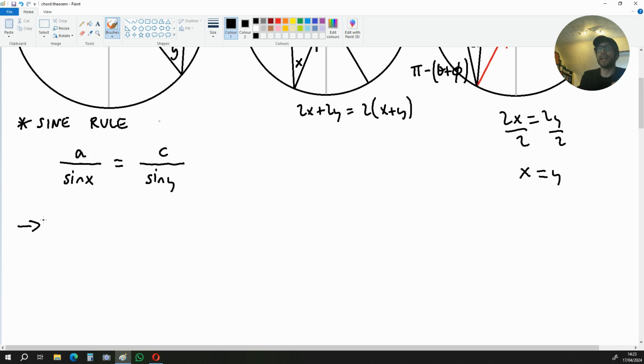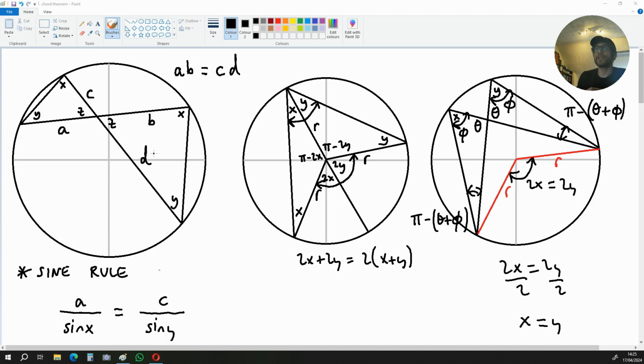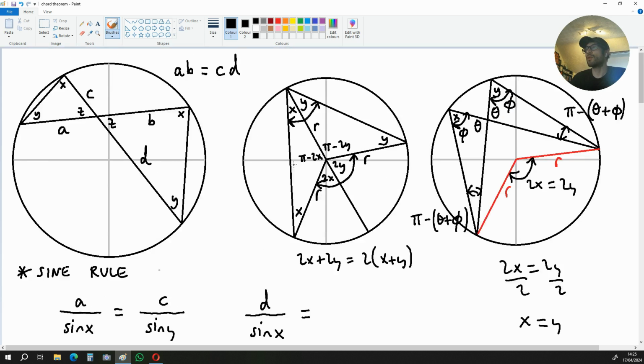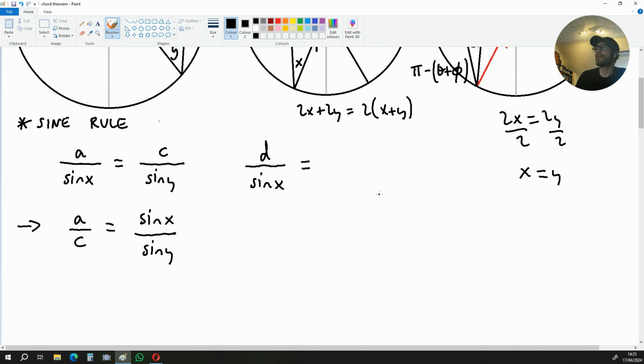Now, if this is the case, then A over C is going to be equal to sine x over sine y. Also, the angle opposite D is x, so we're going to say that D over sine x, like this, is equal to, that is going to be B over sine y. So that's B over sine y.